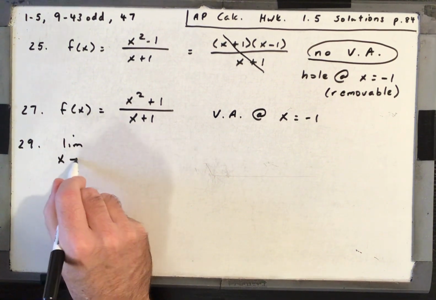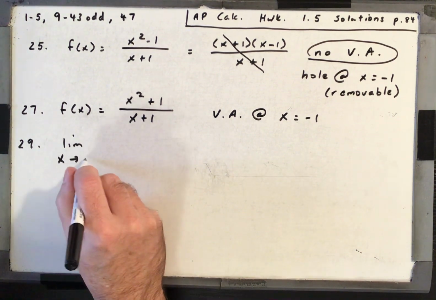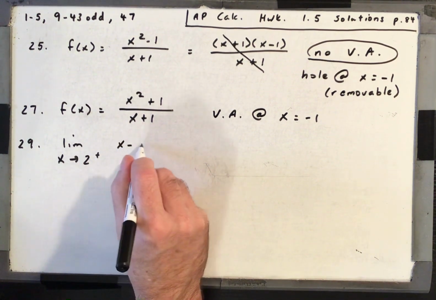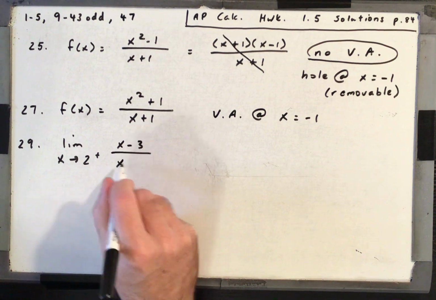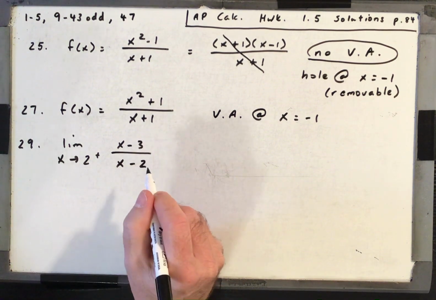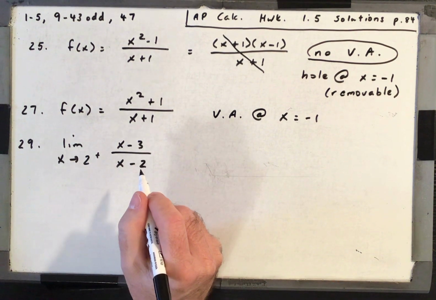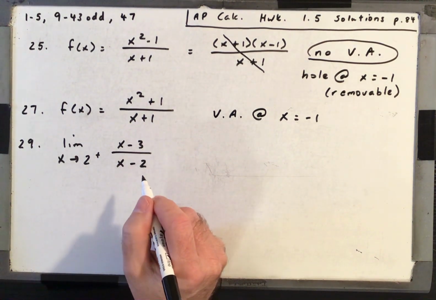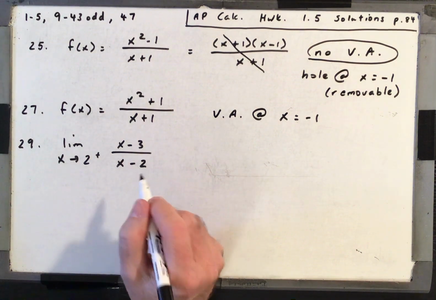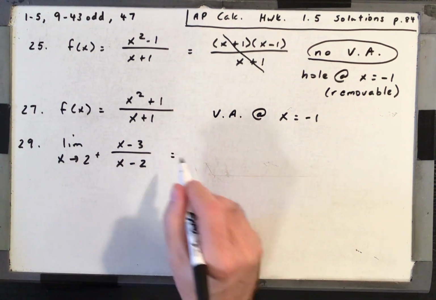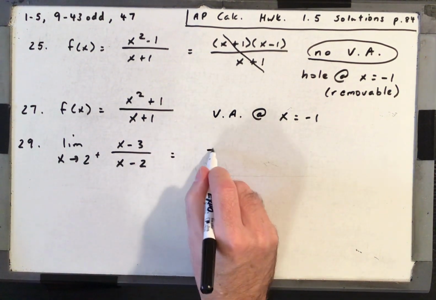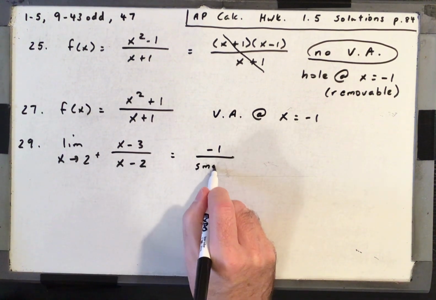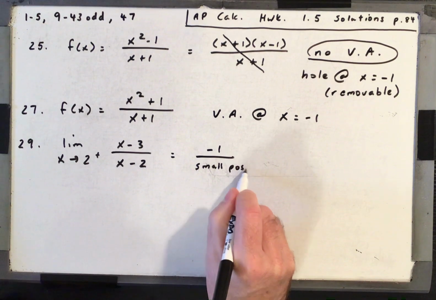All right, 29. We're going to find the limit as x approaches 2 from the right of x minus 3 over x minus 2. Okay, so what we're looking at here, we're just going to plug that in. That's going to be 2 minus 3, negative 1, over 2 from the right, over a small positive.